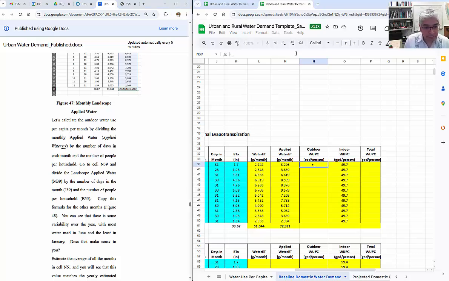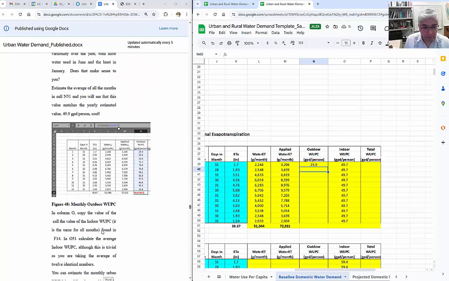So it will be the applied water over here. Sorry, the applied water divided over the number of days, and these two we're gonna divide by the number of people. There you go. And as you can see here, it is about those numbers, right?